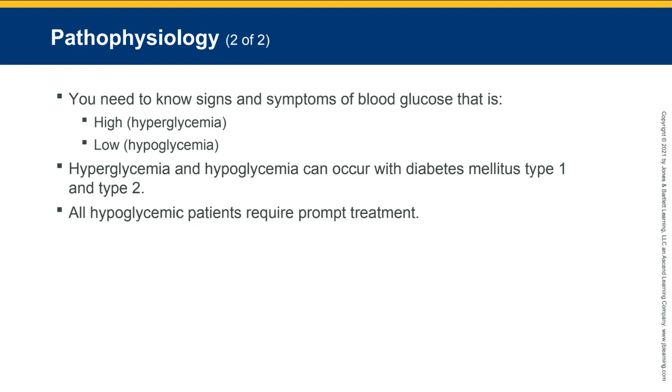However, the insulin production might not be sufficient, or the insulin that they're producing is not working properly. It used to be referred to as adult diabetes. All hypoglycemic patients require prompt treatment.